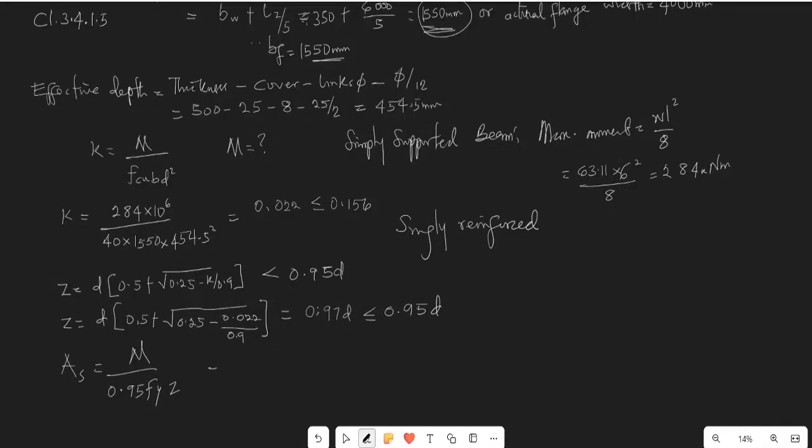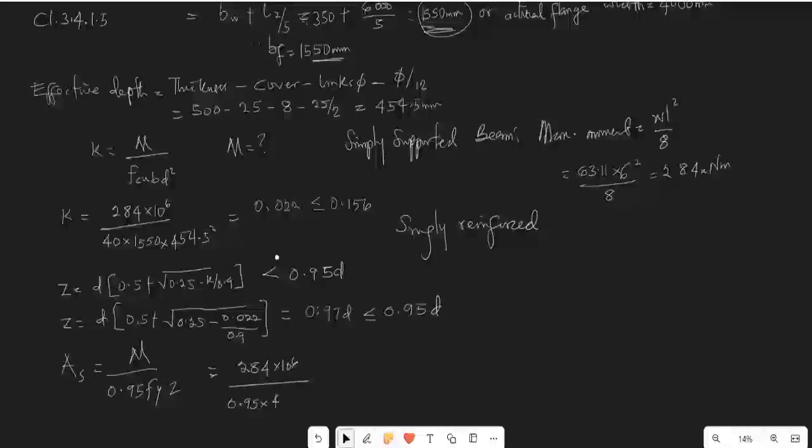So our moment, as we know already, is 284 kilonewton meter, all over 0.95. Fy is 460 according to the question.